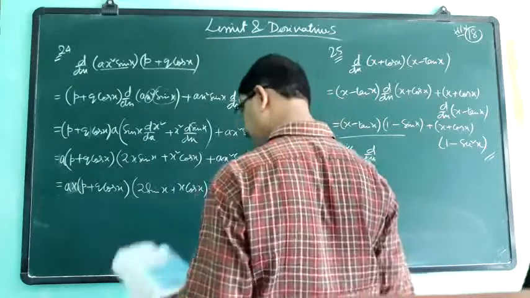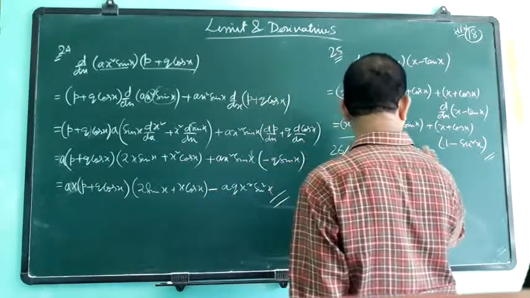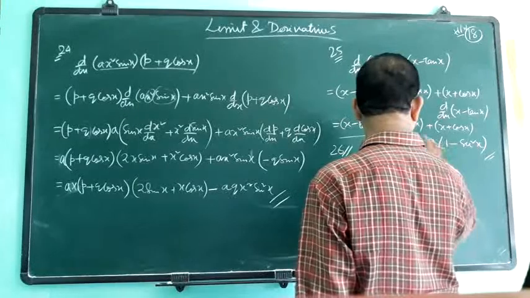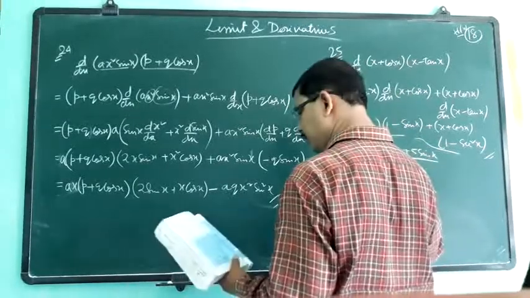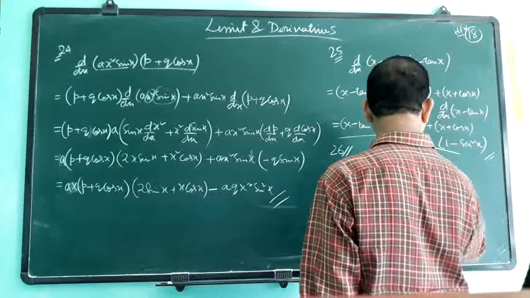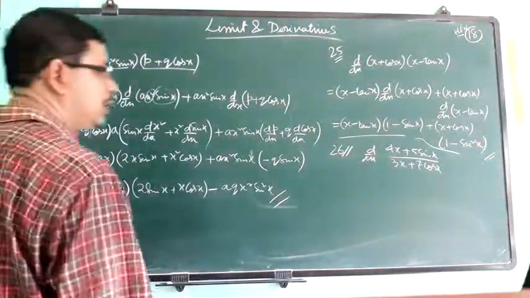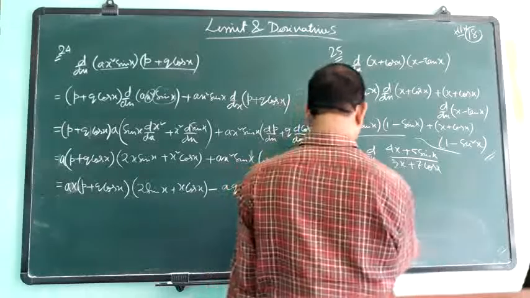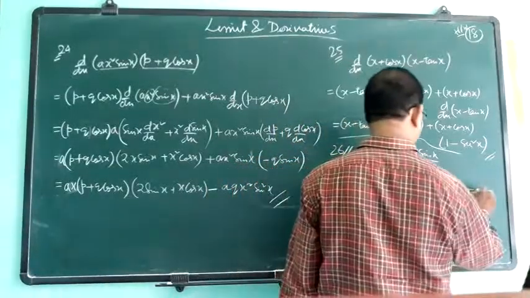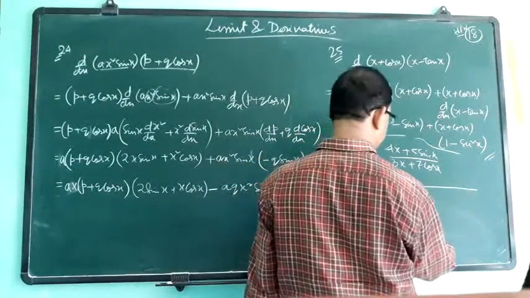d dx of 4x plus 5 sin x divided by 3x plus 7 cos x. So I expect, yes, you can catch the procedure. It is u by v form. No elaborate discussion is required.